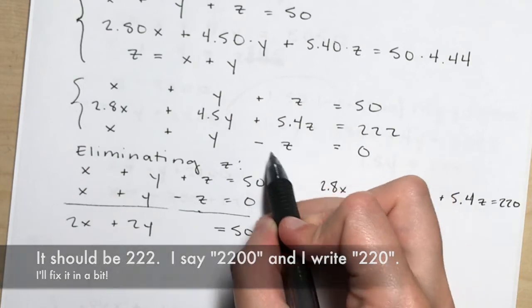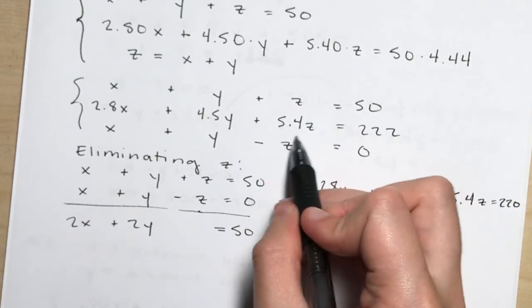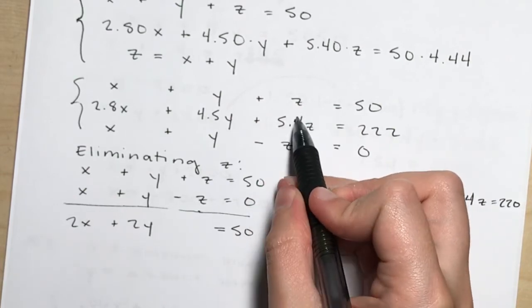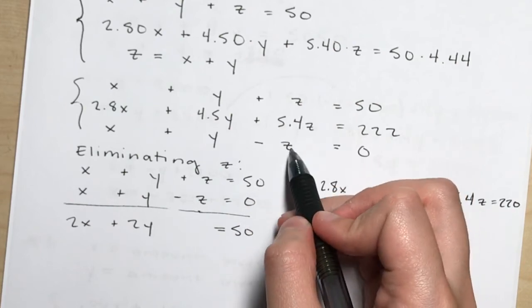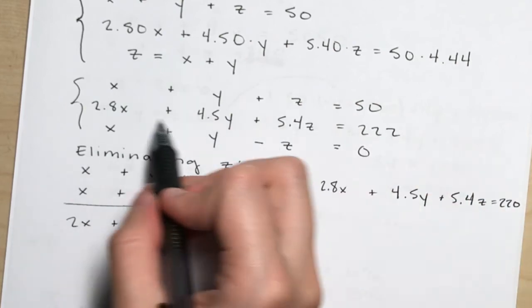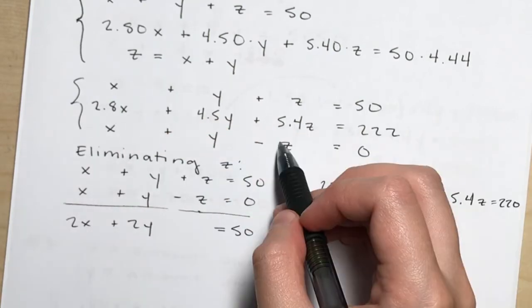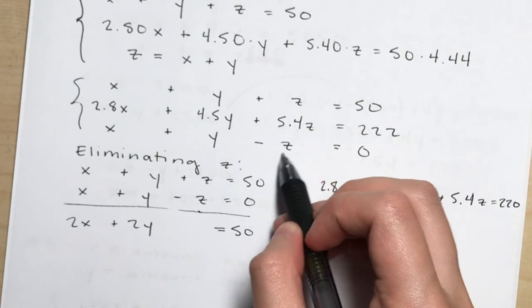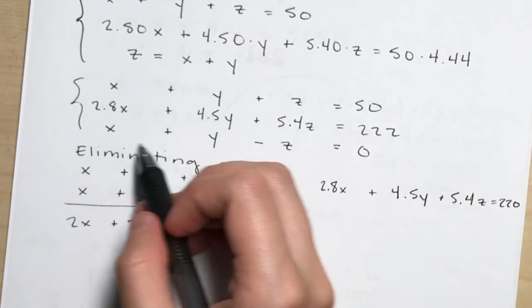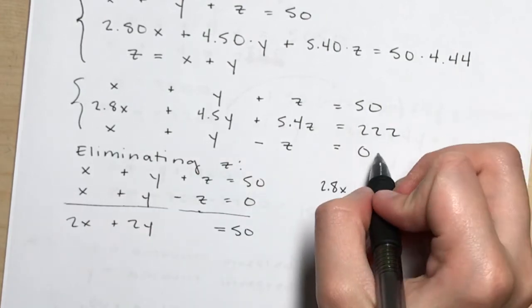Now, in order for this term to eliminate this term, we need them to have the same coefficients with opposite signs. They already have opposite signs. What do we need to multiply this last equation by? Well, 5.4, right? If we have positive 5.4, we want negative 5.4, so we have to multiply this equation by 5.4.